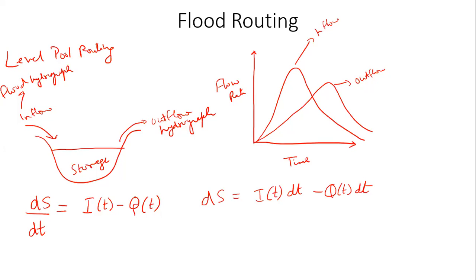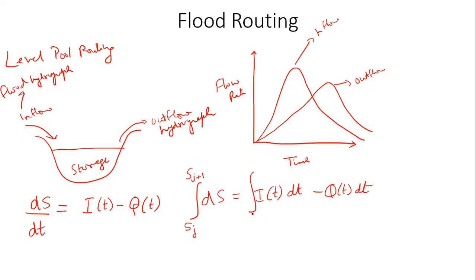Okay, so let us just take any two time steps, t and t plus delta t. If I'm able to write this equation that I've written over here, let us say, for storage at time step j and storage at time step j plus 1, I'm going to write this equation for two time steps j and j plus 1.